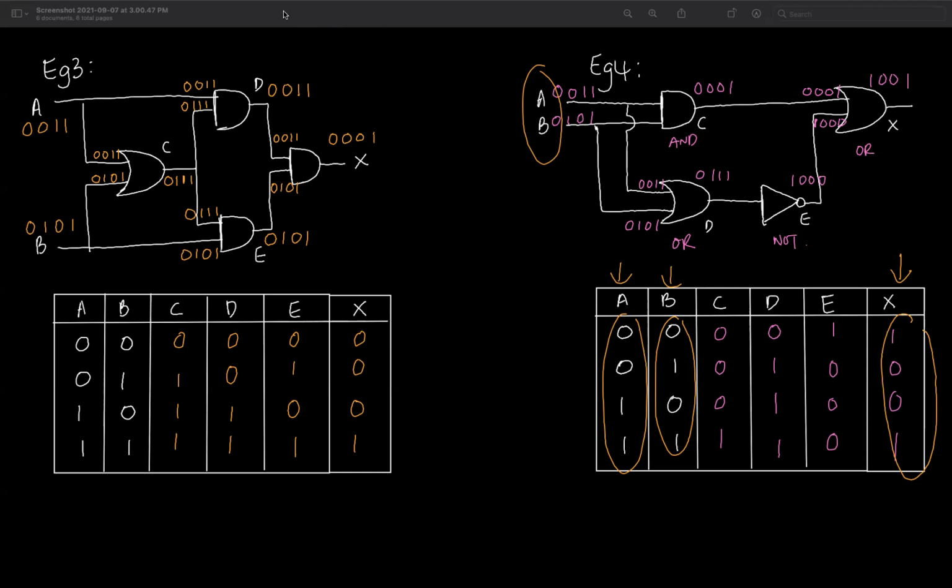Okay, next we will look at the application of the logic gate. There are many applications, especially in control systems. For example, automatic street lights. The street lights that turn on in the night and turn off in the day, that is an automatic switch.